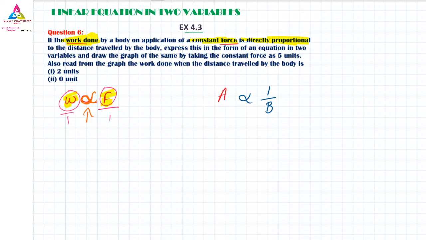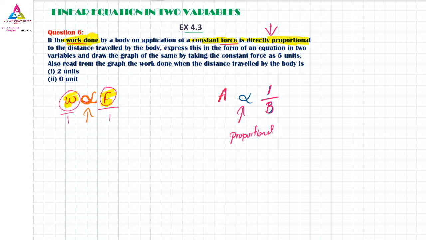Denominator we will have 1 and 1. If instead of directly proportional they had given inversely proportional, the A would remain on top and the B would be in the denominator. So this symbol refers to proportional.